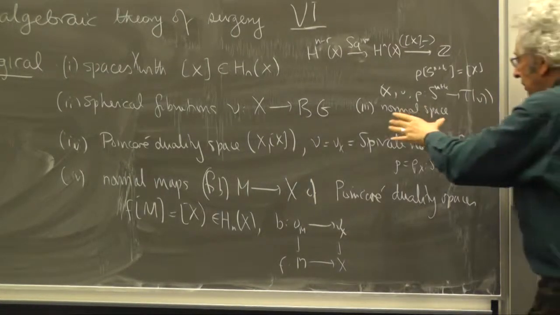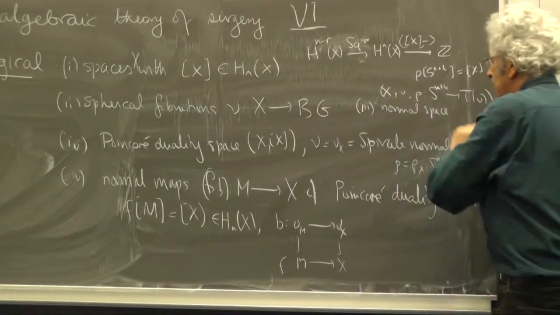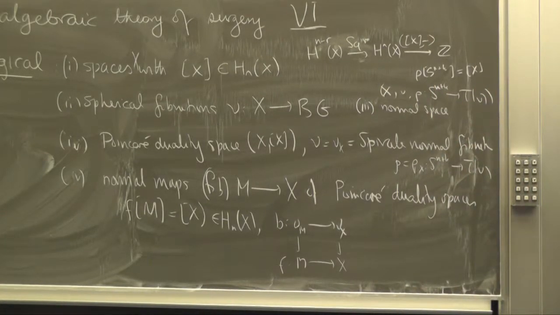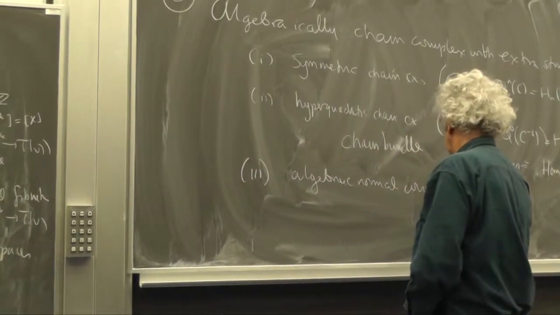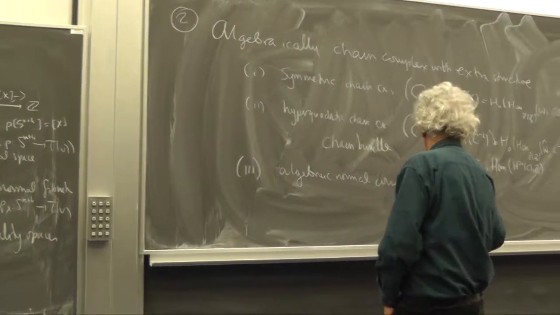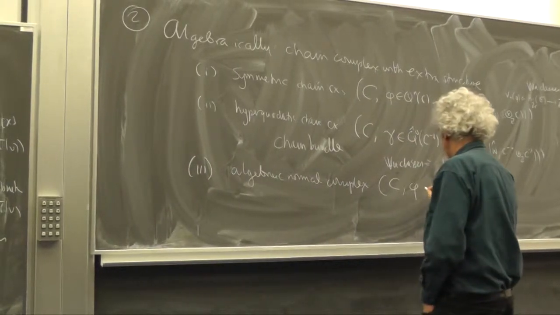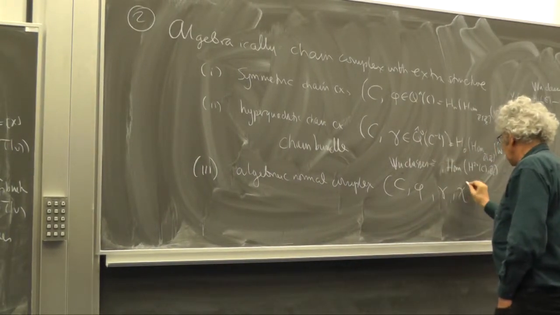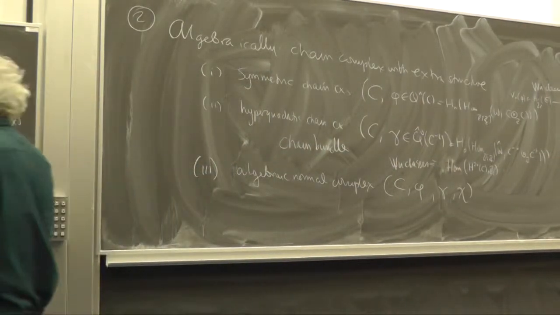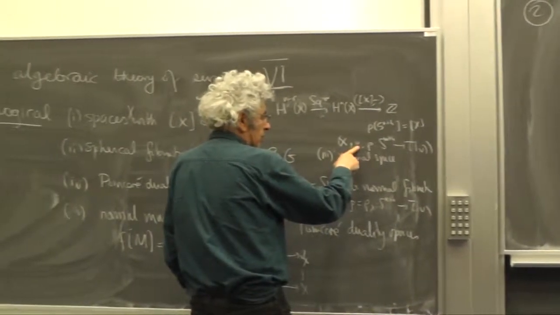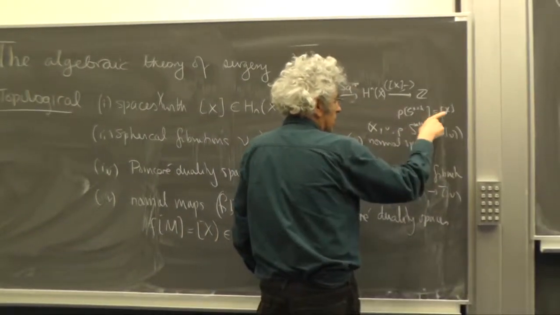But in this context of surgery theory, one looks quite often at what one could call an algebraic normal complex. That consists of a chain complex, a symmetric structure, and the extra structure is that you've got a relationship between the spherical fibration and the homology class.